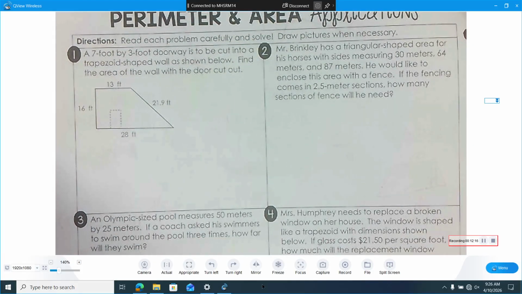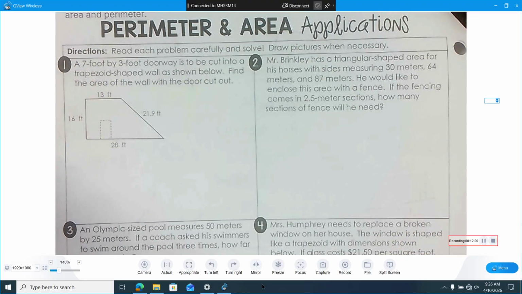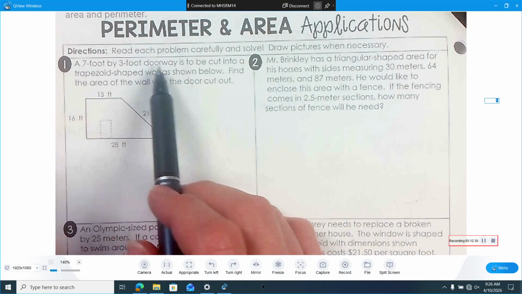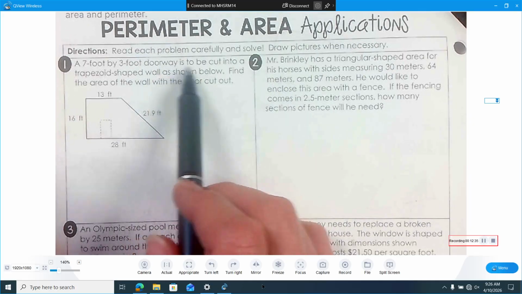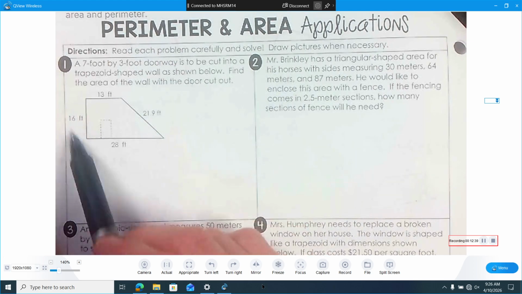So application problems, very good here. Draw pictures when necessary. It's always a good idea if you need to draw a picture. So let's go ahead and read. A 7-foot by 3-foot doorway is to be cut in a trapezoid-shaped wall as shown below.